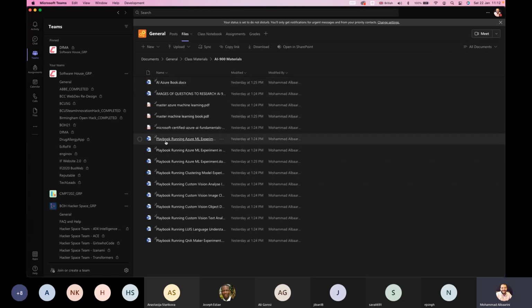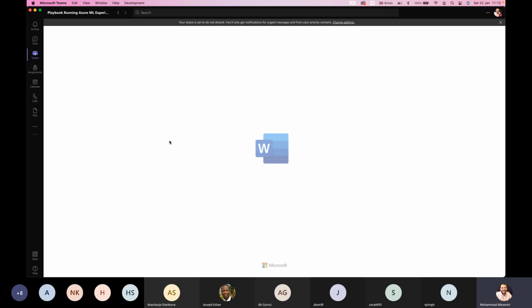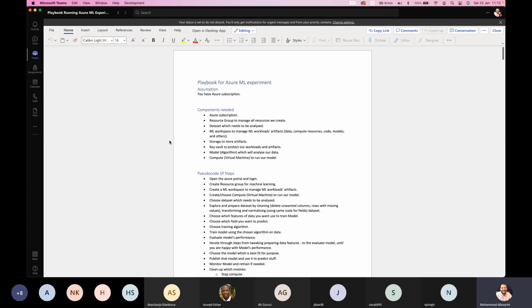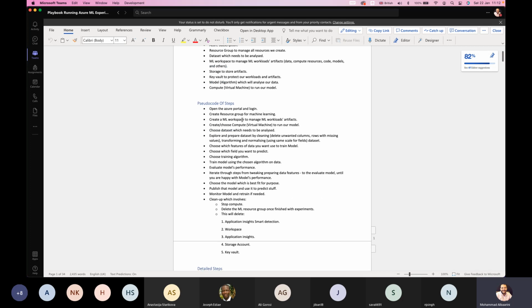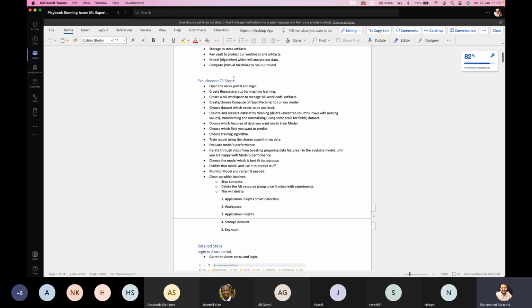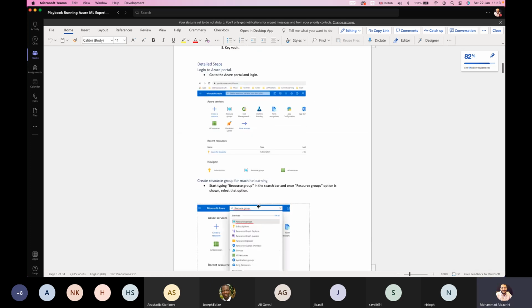So we have a bunch of playbooks in here that are labs to be completed basically by you guys. We have Azure machine learning experiments, with components needed in there, like the Azure subscription, the resource group, of course, the procedure, pseudocode setup. And if you don't know what pseudocode is, I'll explain to you in a bit.